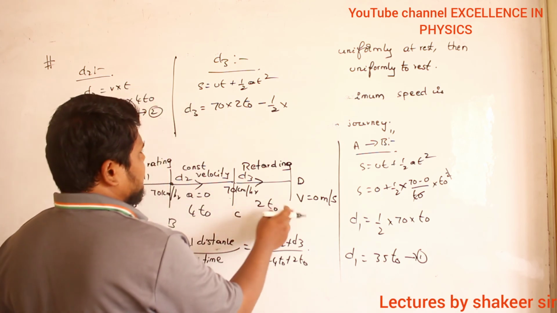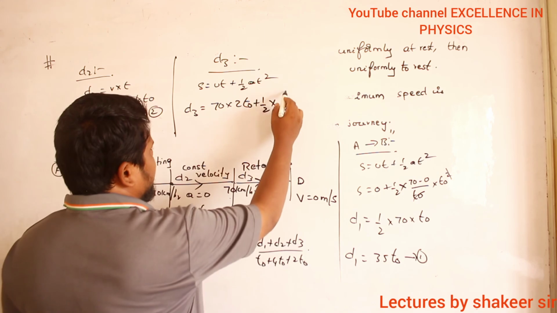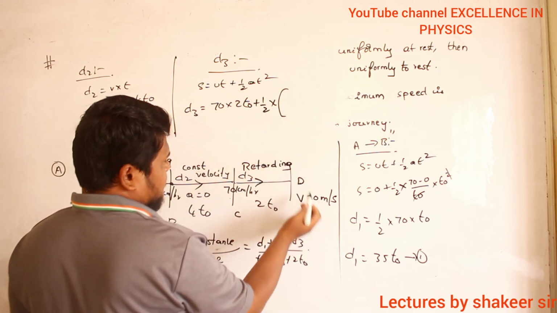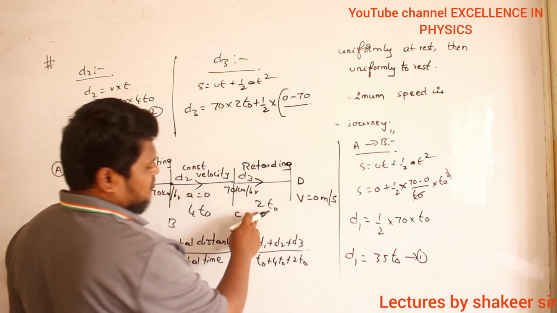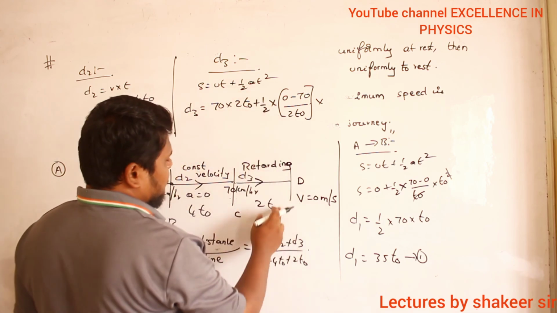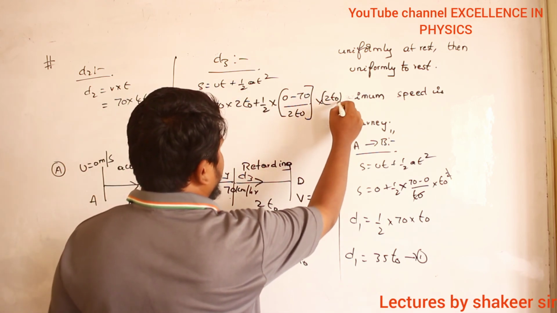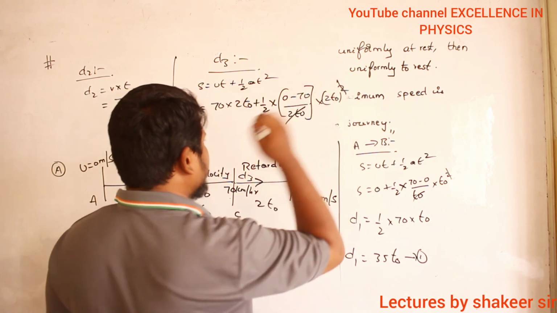Minus half acceleration, again the same: final velocity minus initial velocity divided by time taken. I have already written minus, so I will write plus only, plus half into acceleration. Final velocity 0, initial velocity 70, time taken 2t naught, multiplied by total time taken 2t naught, whole square. Are you able to understand how we are doing? So 2t naught and square get cancelled.